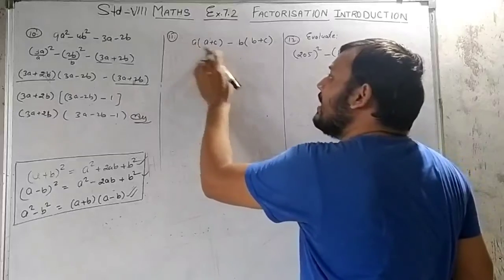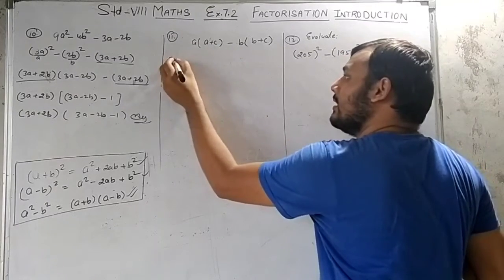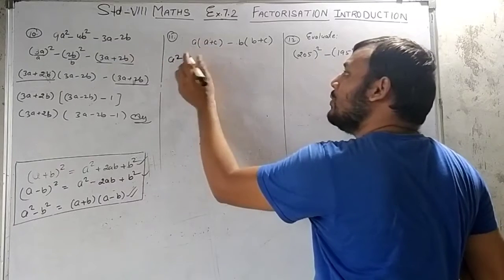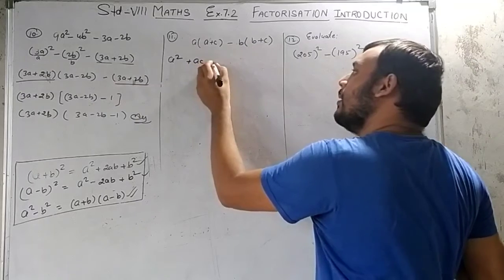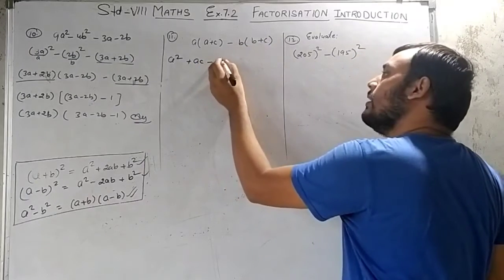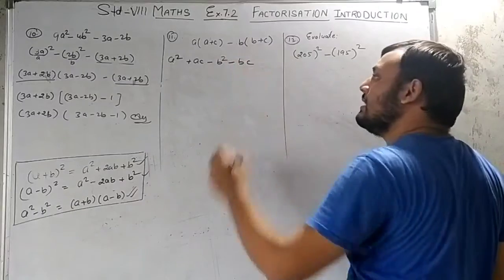So what we can do here, we will open the bracket first of all like this, a square, a into a square plus a into c, ac, minus b into b, b square, and minus b plus c, it means minus bc.